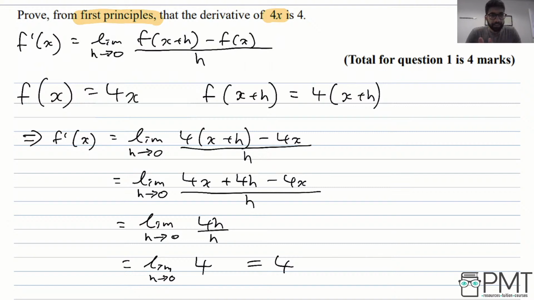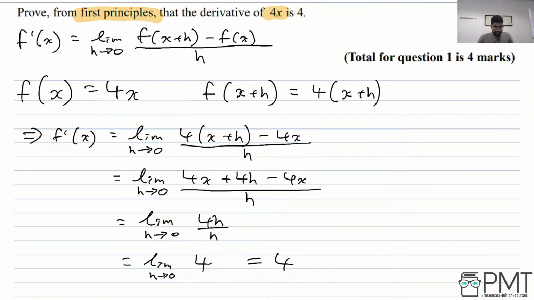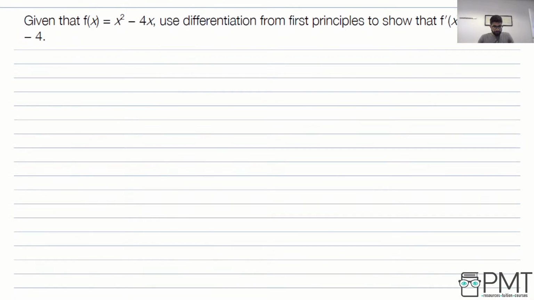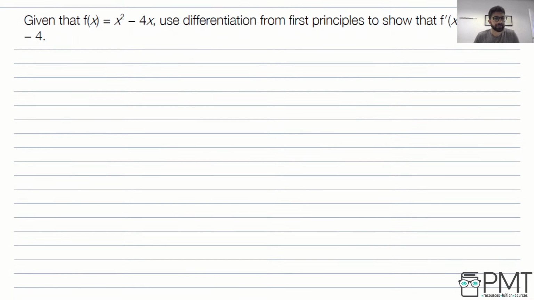Okay. Let me know if you have any questions in the chat. This was a more straightforward one. In the next question, we have got a bigger expression for f of x.